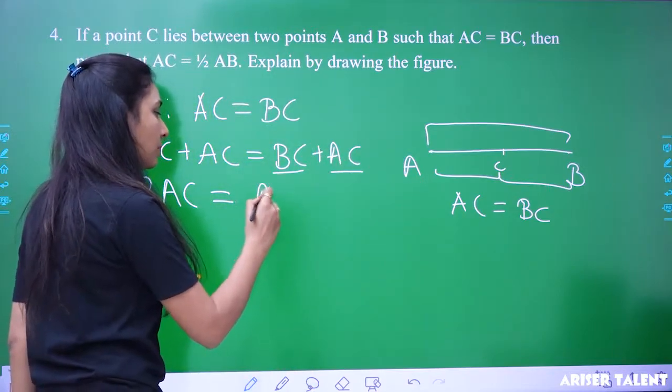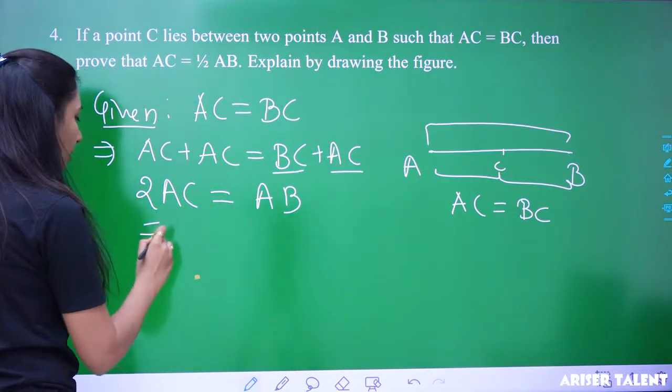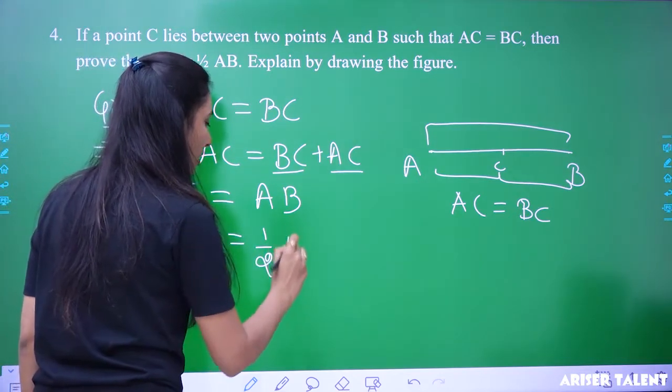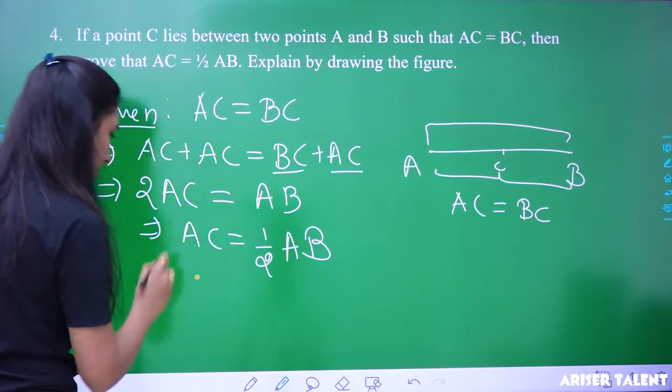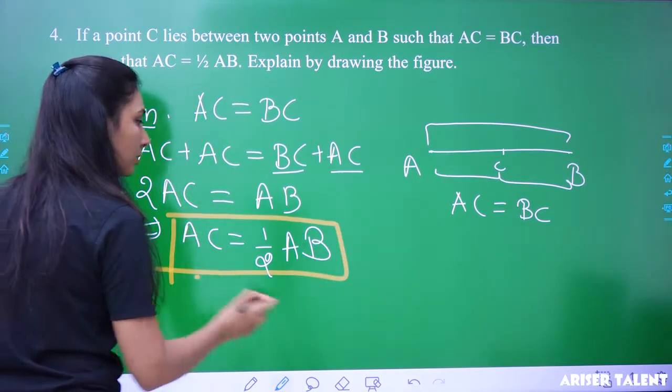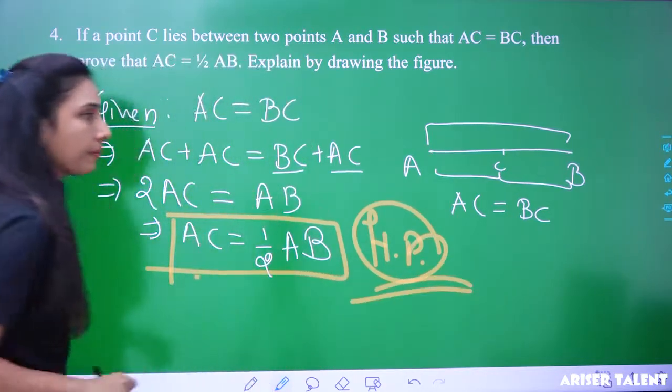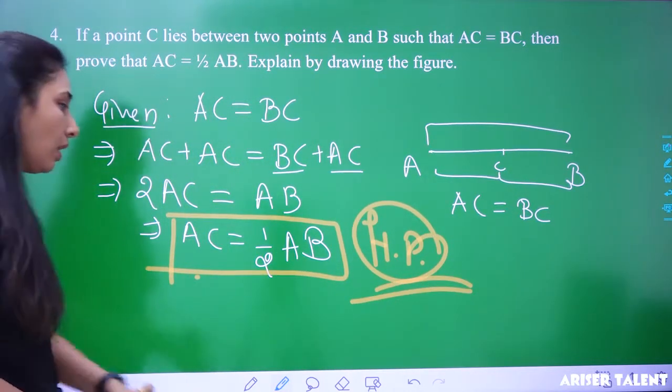So 2AC equals AB. This will give that AC equals half of AB, and this is what we had to prove. Proved.